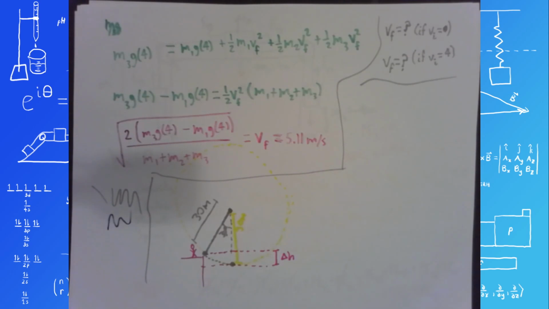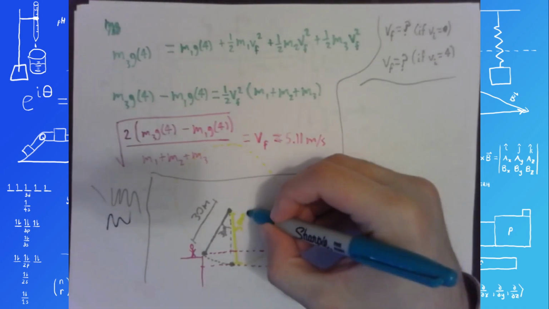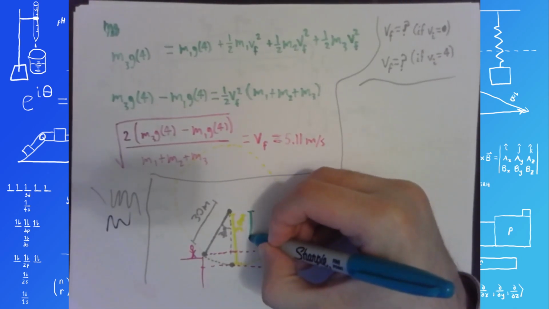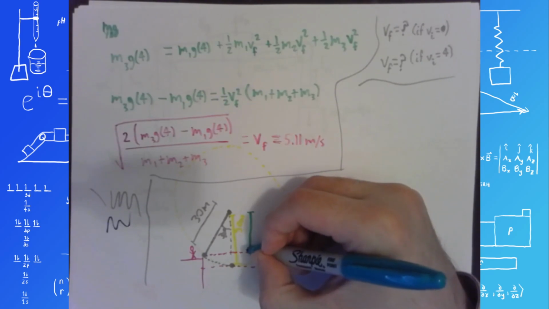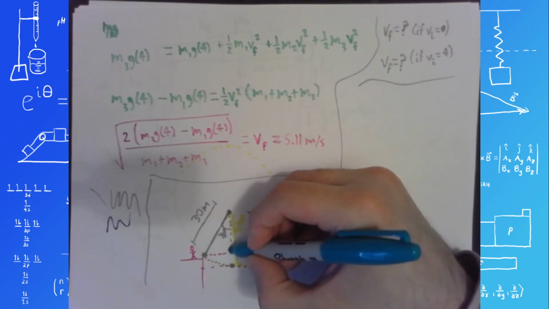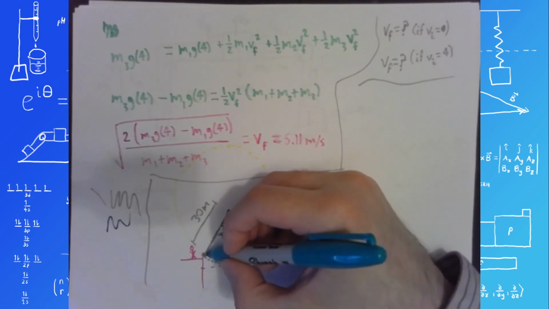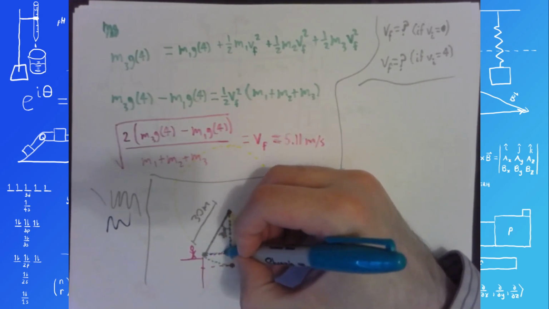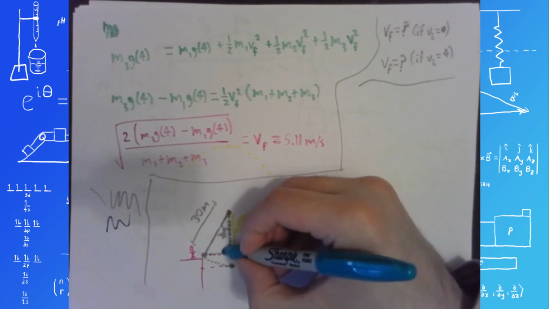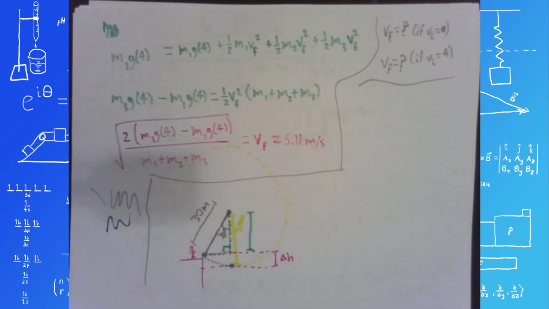But there's another shape we can see in here besides a circle. Other than a circle, there's also a right triangle in here. And that right triangle has that length over there as one of its sides. We've got this right here making up one side of our right triangle, and then this side here making up the other side of it. And there's the 90-degree angle for your right triangle.